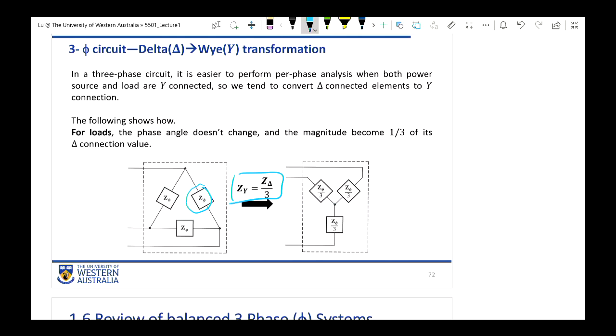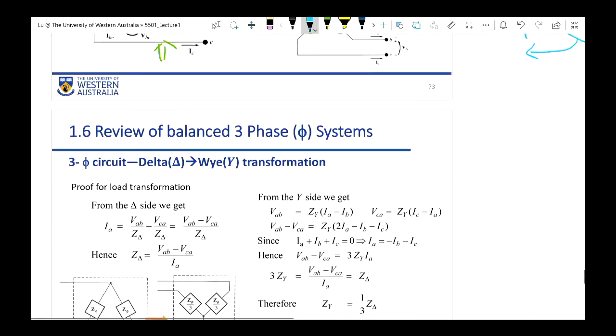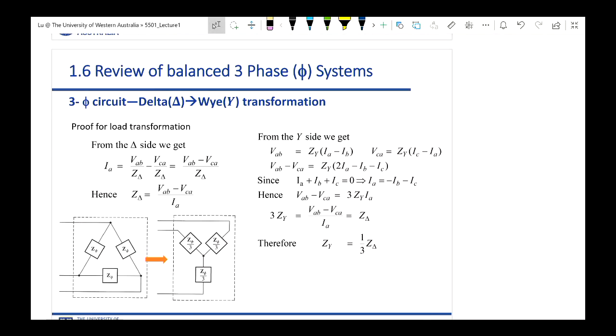How to change it? Divided by 3. Why do we have this result? The proof is in the next two slides. Anyway, let's quickly go through this one.